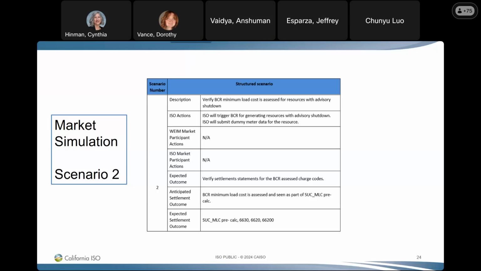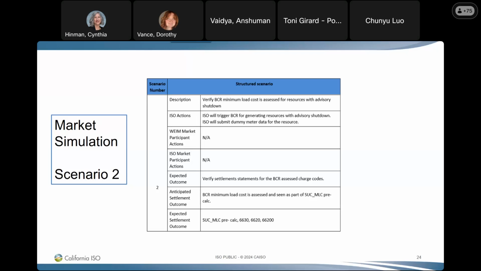Also, along those lines, once the participants know they have an advisory shutdown, are they going to have to make sure their meter submissions reflect that to trigger the calculation of the UIE? Again, a great point, Tony.